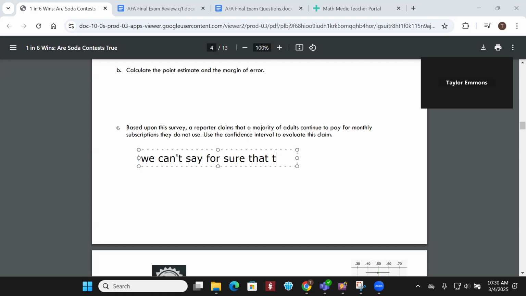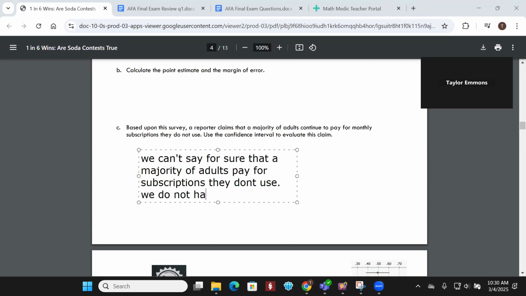that a majority of adults pay for subscriptions they don't use.